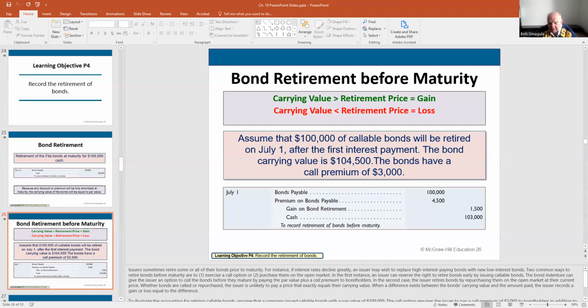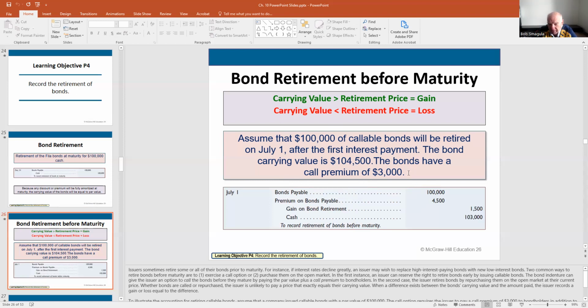And the bonds still had a premium sitting there. Okay? So we have to adjust as follows. We have to say the bond payable is $100,000.